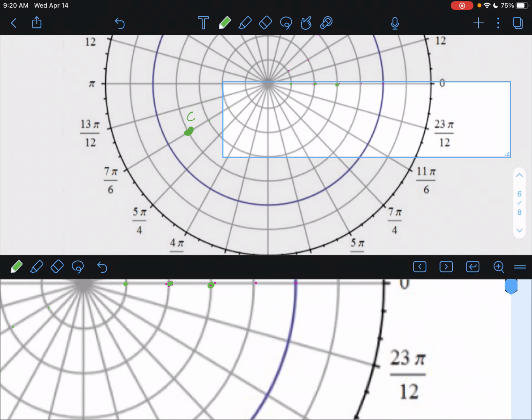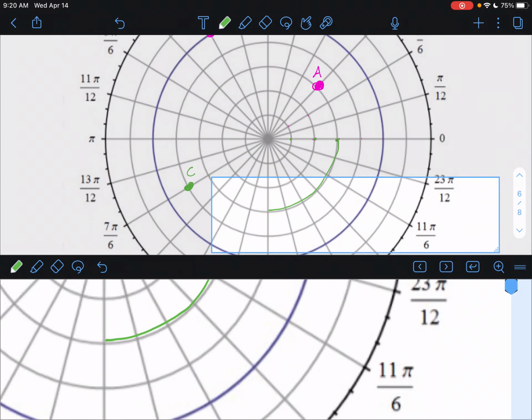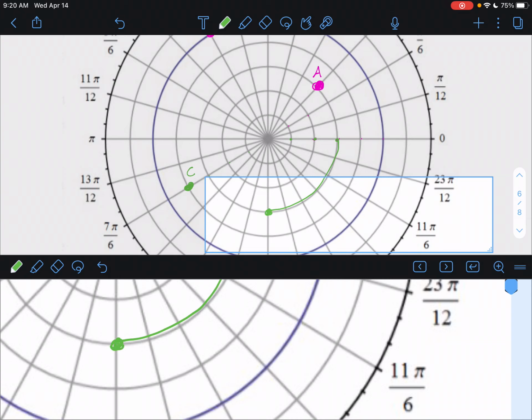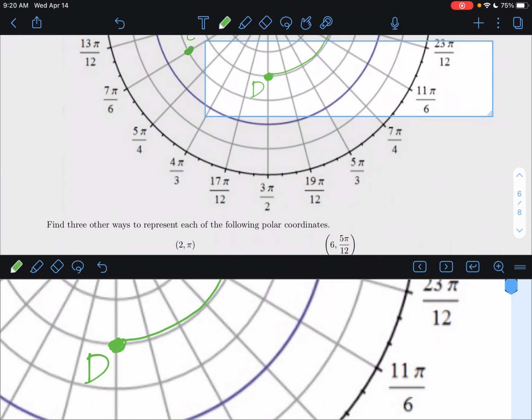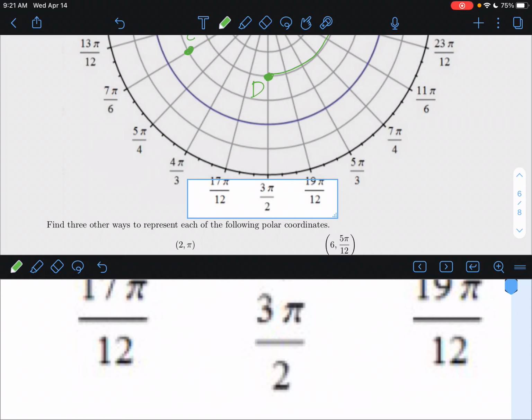But if I turn it negative pi over 2 radians, that's the same as turning it basically 270 degrees, or just 90 degrees in the opposite direction. And then our point is going to be right here. So that's the same as if I had plotted 3, 3 pi over 2. Because I went out 3, I had a radius of 3, and then the radians were 3 pi over 2.